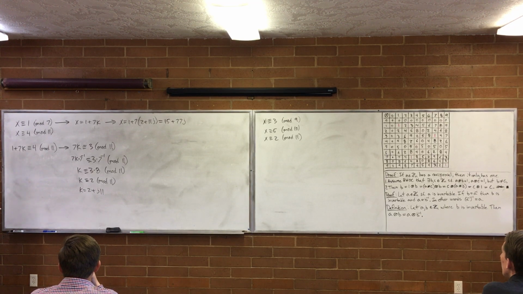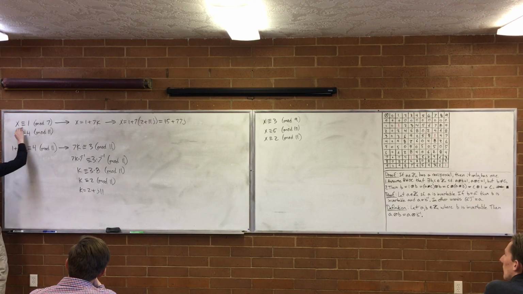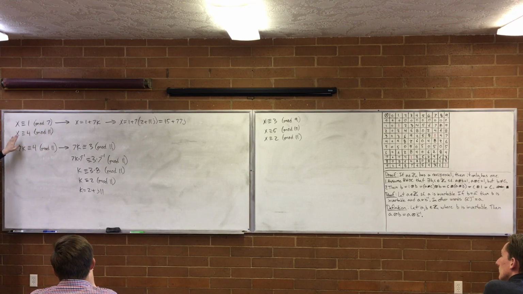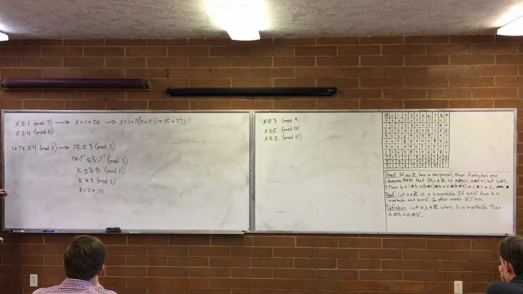Okay, so let's say we're looking at these two equations. The question we're trying to answer is, what number mod 7 gives me 1, but mod 11 gives me 4? What numbers satisfy that?